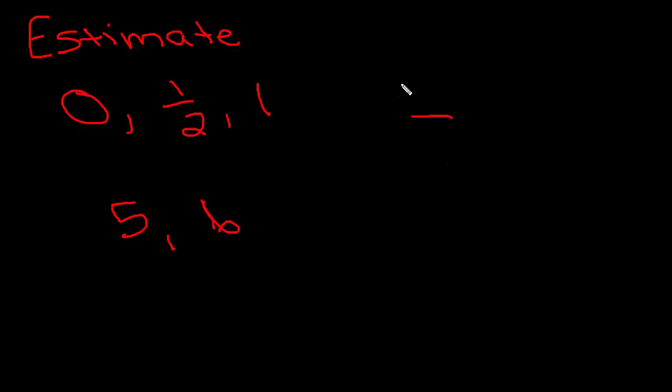So let's look at something like 1/8 and figure out how we would round that. So is 1/8 closer to 0, 1/2, or 1? Okay. So what I might do is draw a number line. I'm going to put 1 down here on the end, and I'm going to put 0 over here. And then if I'm estimating, I'm going to take whatever my denominator is and divide this up by 8.